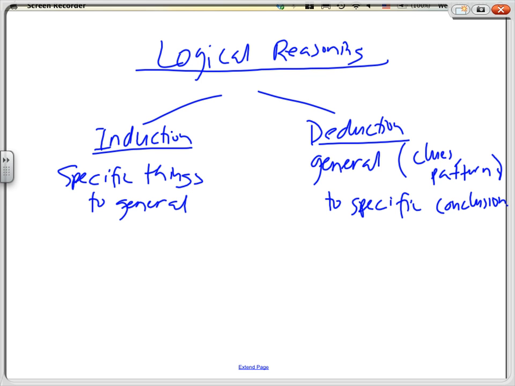Something's wrong, right? That's kind of obvious, isn't it? But notice that the first thing I observe is all the clues, right? And then you also look at the patterns that you've seen on TV, that your house is all a mess and there are broken windows and stuff like that. So you see clues, you see patterns, and then you finally make a conclusion based on that. What is your final conclusion? Something's wrong. That is called deduction. Okay? Do you see the main difference there? Any questions on that one?